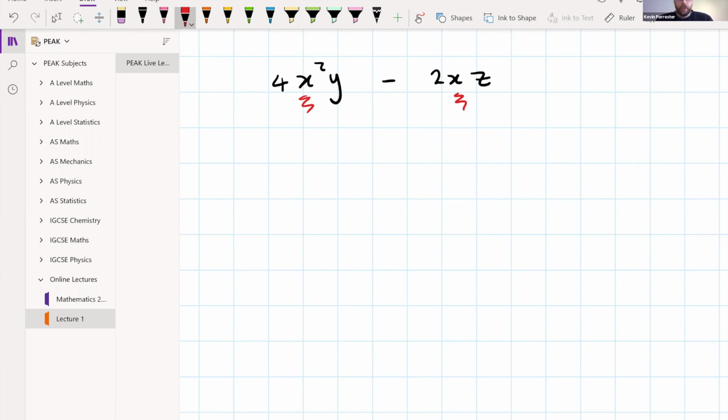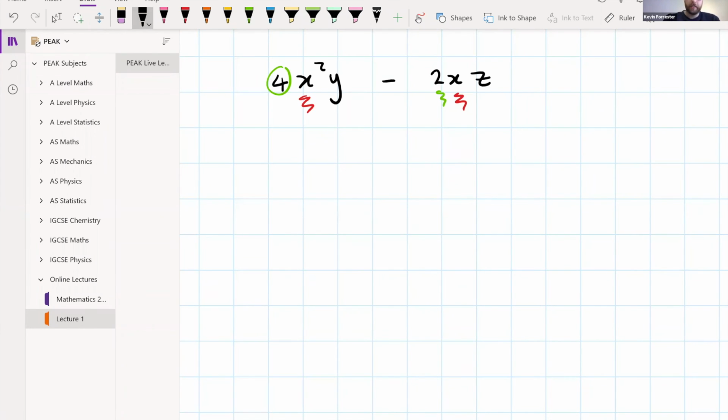But now what we need to do is to actually take a look at the numbers, right? The constant coefficients. Not just the coefficients, really. These numerical values in front of these algebraic expressions. So we see that we have a 4 and a 2. Now, I know for a fact that 2 is a factor of 4, and so we can take out 2 from the 4. And let's go for it.